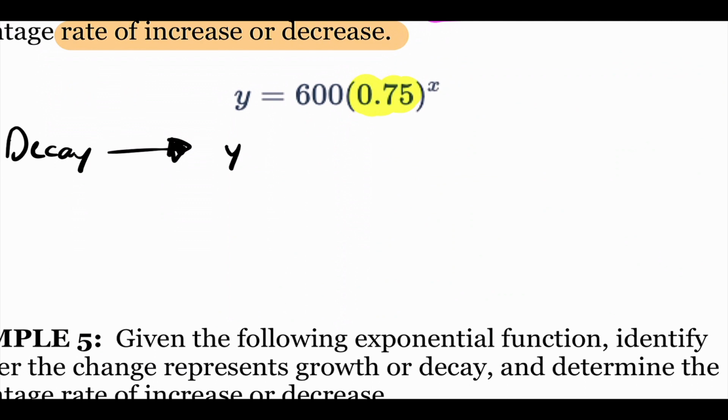So what they're saying is that. We know it's minus because we said it's decay, right? So that's why I put a minus in front of the question mark. What number would go there to make that number? To make these guys the same, what number would have to go in there? 0.75, right?